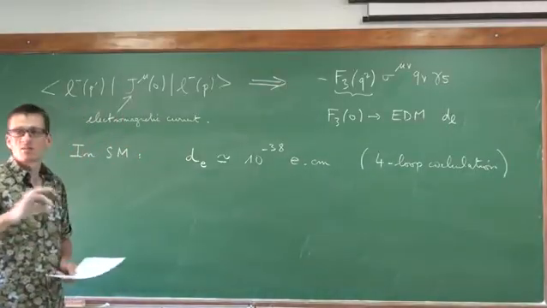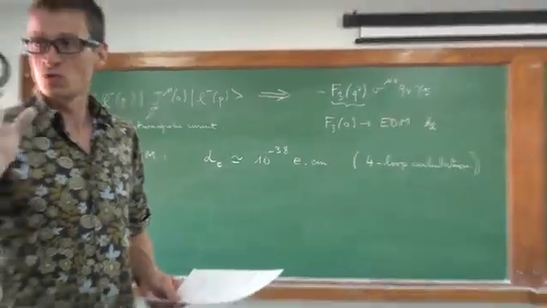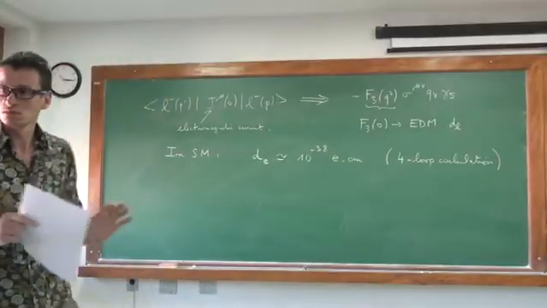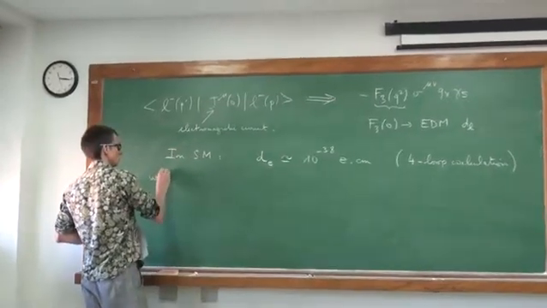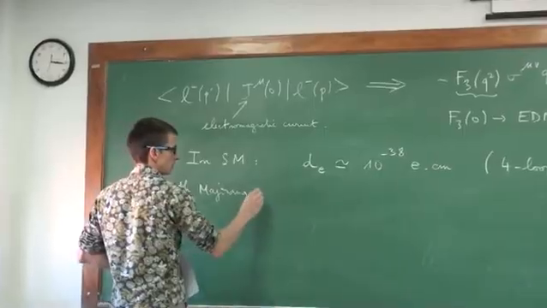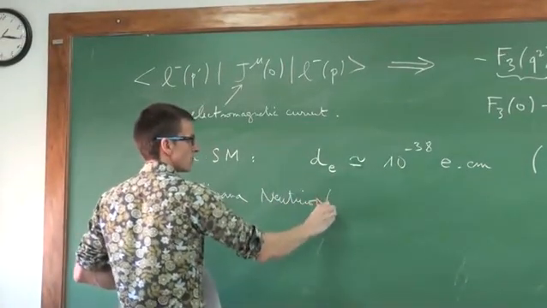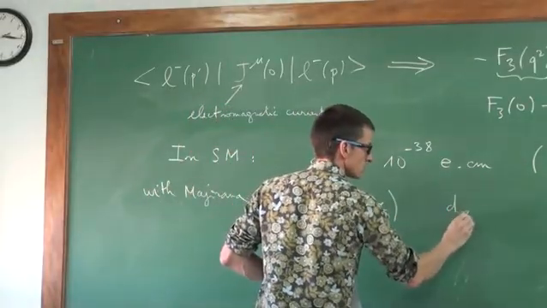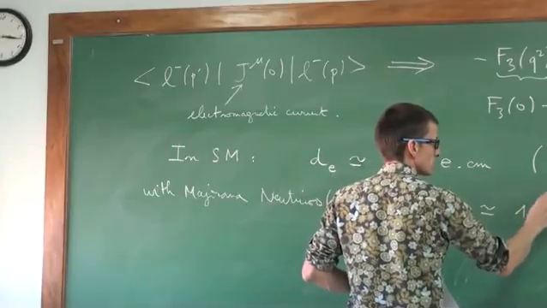If you add Majorana masses to the neutrinos, then you have contributions at the two-loop level. But anyway, the contribution is, in one case, 10 to the minus 43.